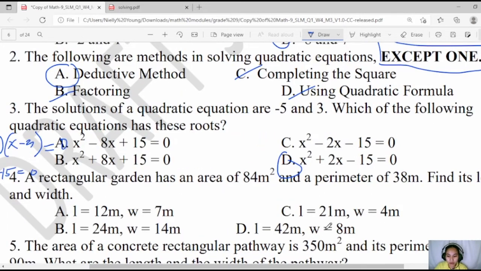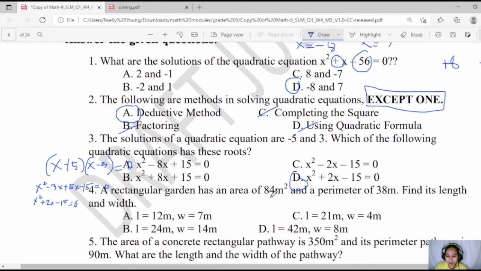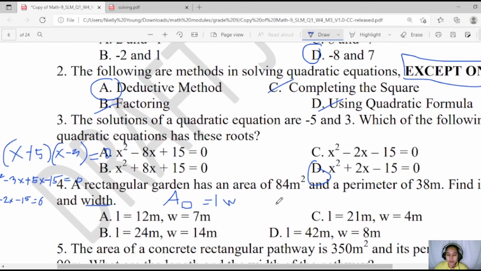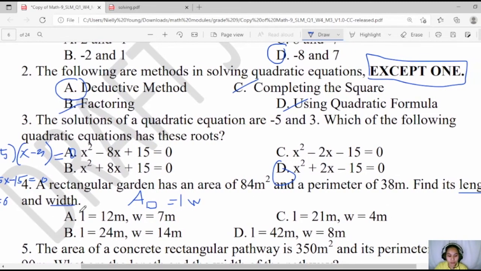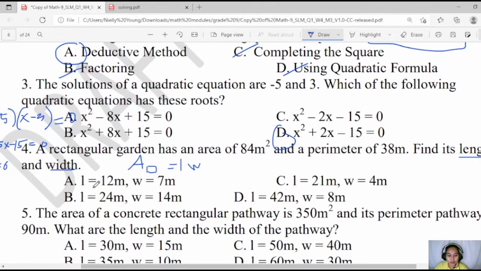Okay, next, number 4. A rectangular garden has an area of 84 square meters and a perimeter of 38 meters. Find its length and width. So we need to find the values of length and width. We know that the area of a rectangle is length times width. You need to find only the length and width, and in the choices, there are lengths and widths given.